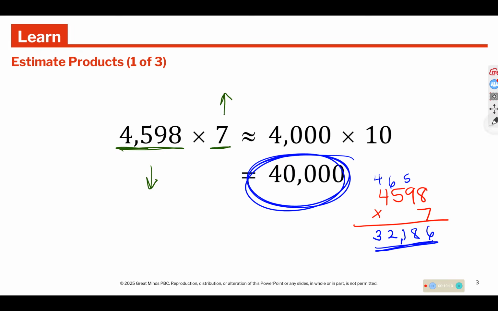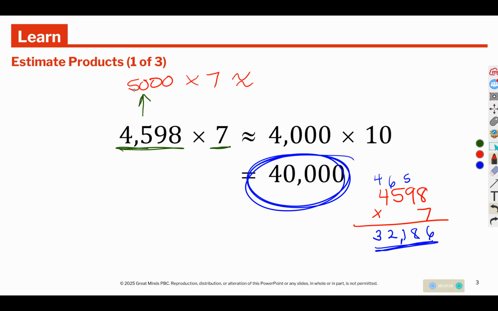What if instead she rounds this one up and this one down, or leaves it? Let's say that this one, 4,598, rounds up to 5,000, and we're going to multiply by 7.